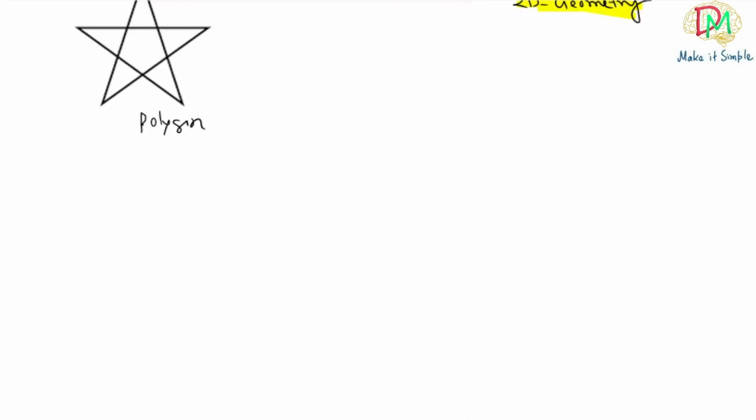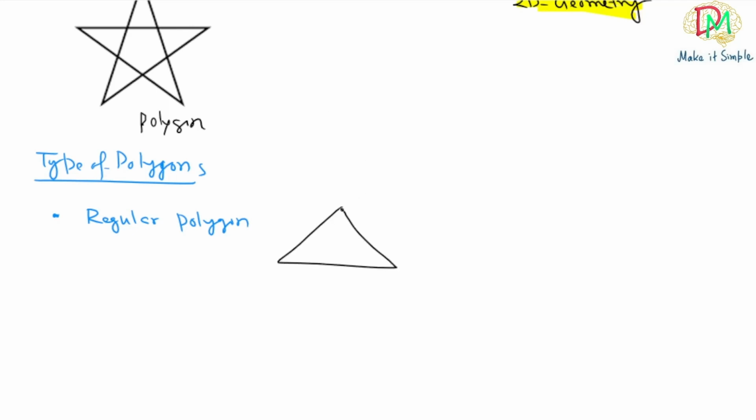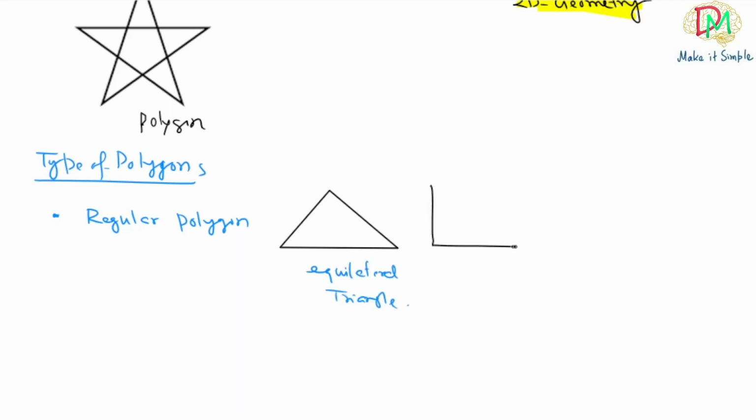Next we learn types of polygon. First is regular polygon. If all the sides are symmetric, then we can say it is a regular polygon. This is an equilateral triangle. Square, it is also a regular polygon.